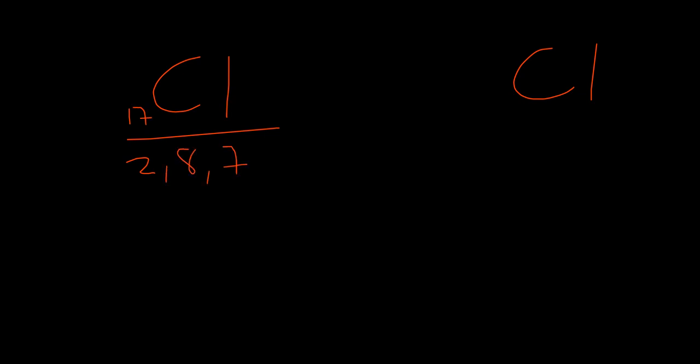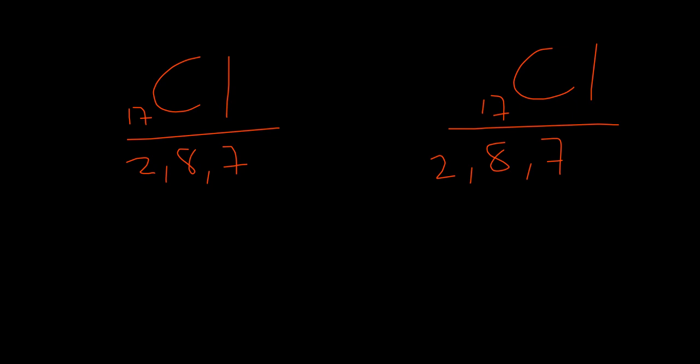This second chlorine has the same electronic configuration, 2, 8, and 7. So you realize that the first chlorine needs just one electron to be stable. The second chlorine also needs just one electron to be stable. So each of them needs electrons.